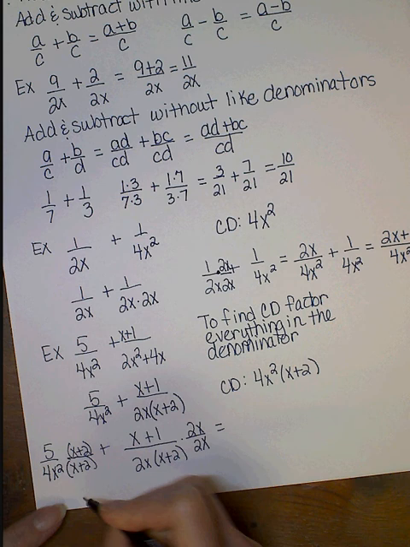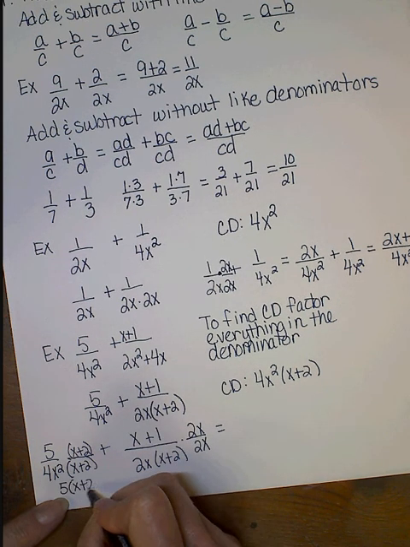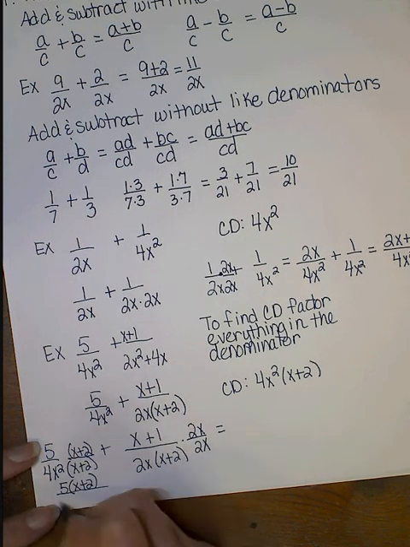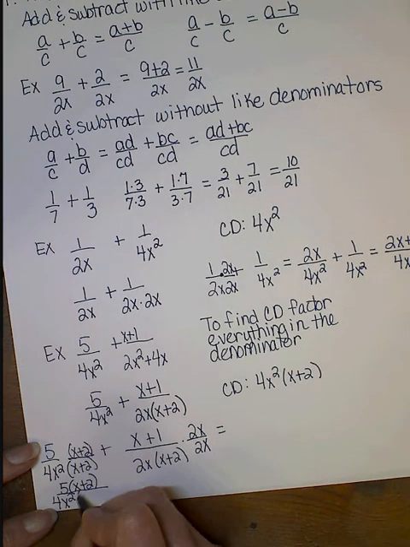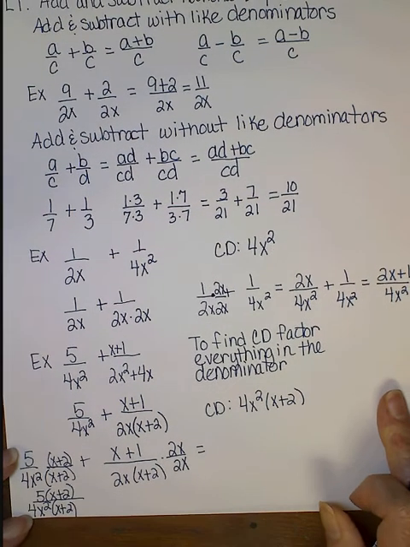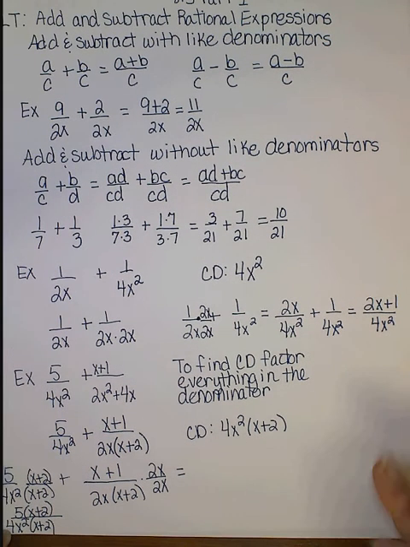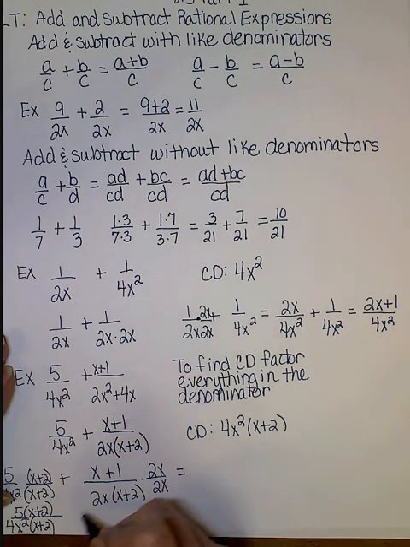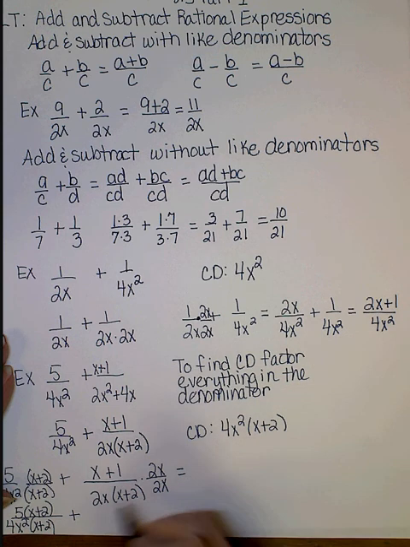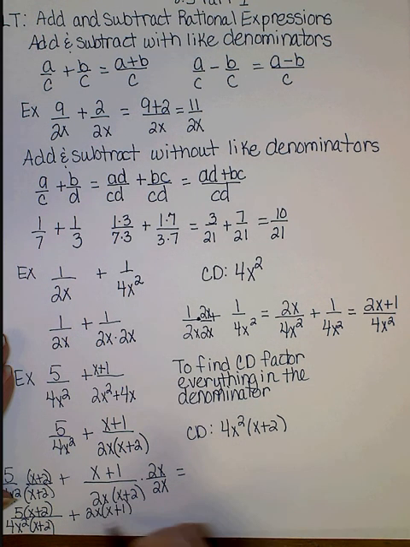Alright, so I would have 5 times x plus 2. Sorry, I didn't realize I was turning that so much. Try to straighten it up here. Okay, and then over here I'm going to have 2x times x plus 1 over the common denominator.